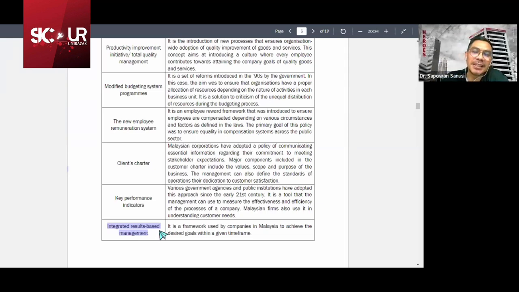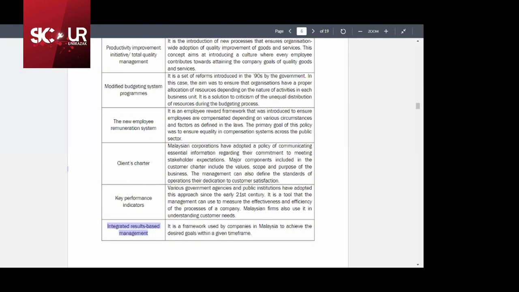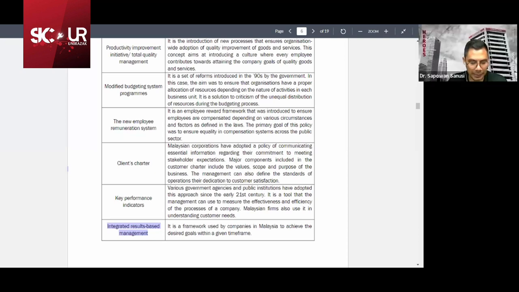Okey. Integrated result based ini, zaman sekarang, dia ada satu terma yang dipanggil, kejap, saya check dulu. Dia ada baru-baru ni keluar. They call it Madani performance indicators.